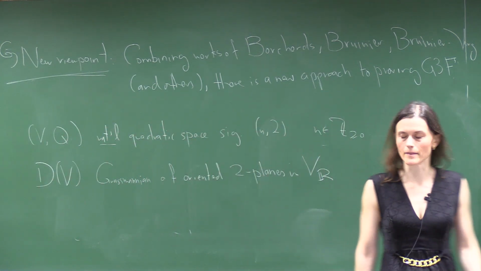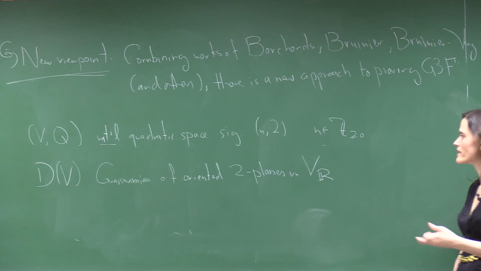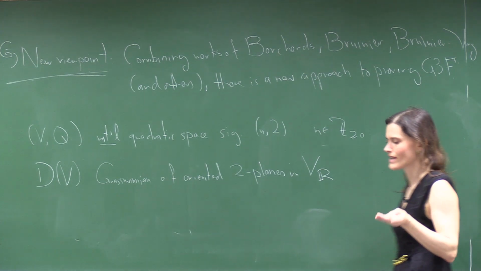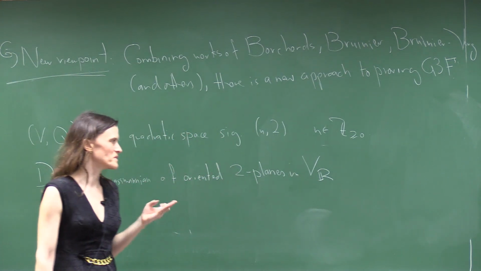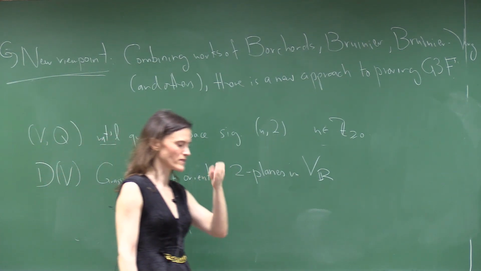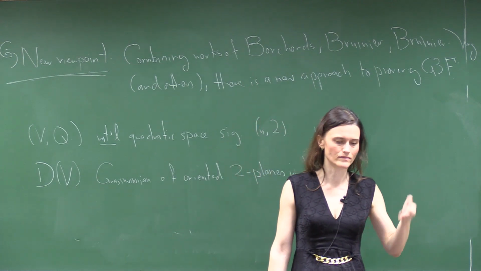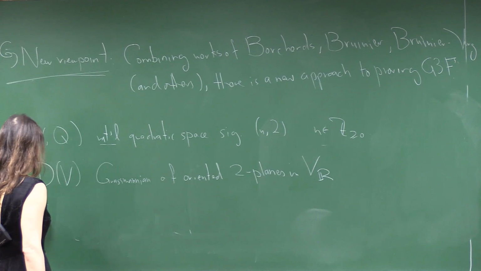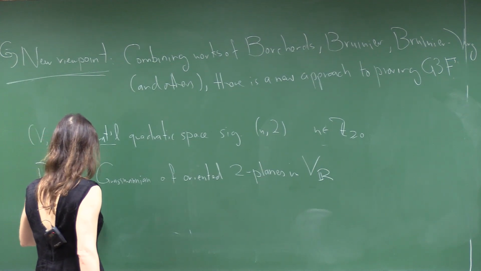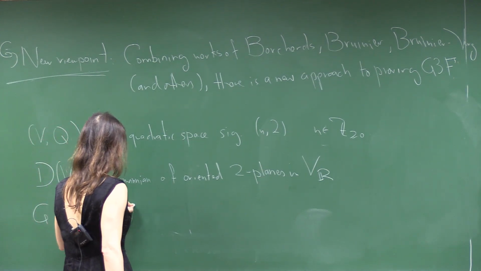Okay, so we have a rational quadratic space of signature (n,2). We consider the Grassmannian of oriented 2-planes, or subspaces of dimension 2 of V_R, for which the restriction of the quadratic form is either positive or negative. You have some choice in that. And we consider the corresponding spin group.